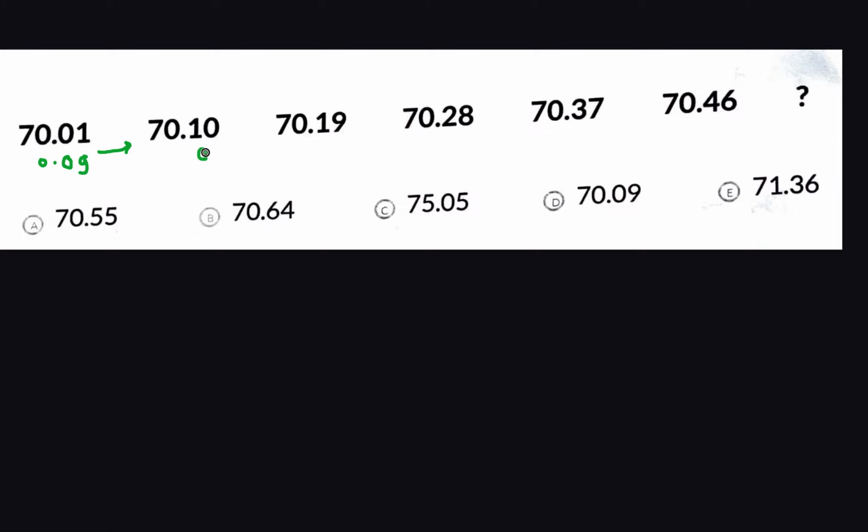Similarly, I'm adding 0.09 to arrive at this number. Same goes with this, same goes with this. Test for yourself. Same goes with this. So if I add 0.09 here, I should have 70.55, and that comes out to be my right answer.